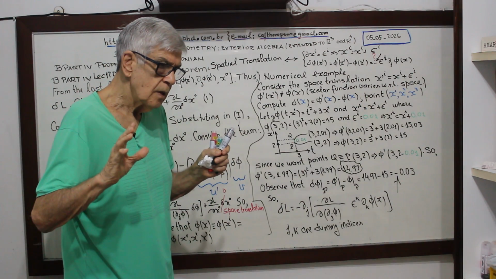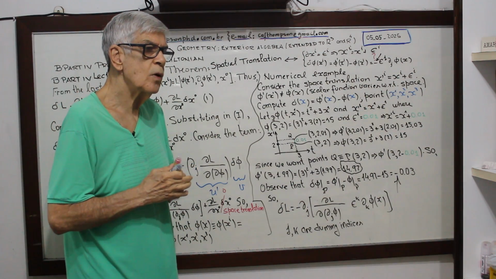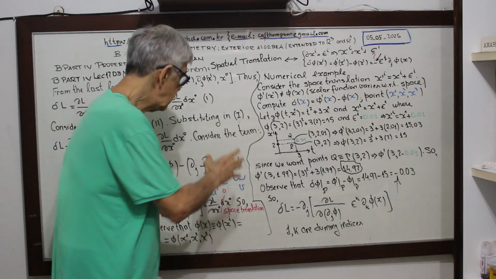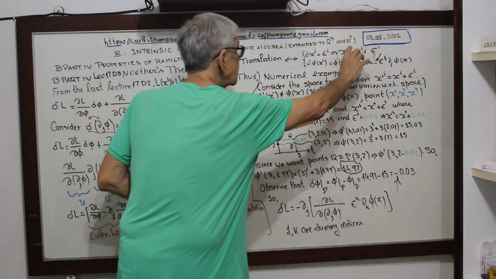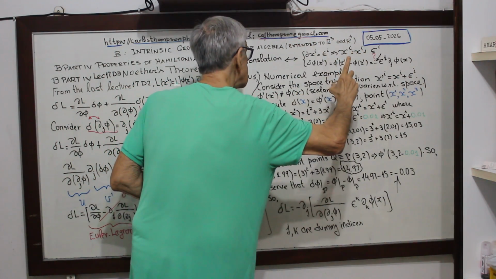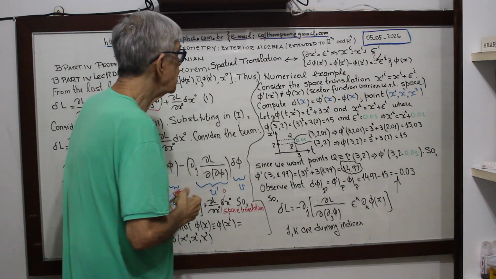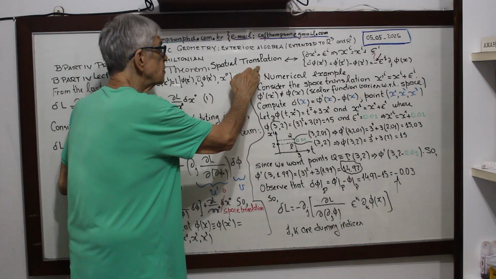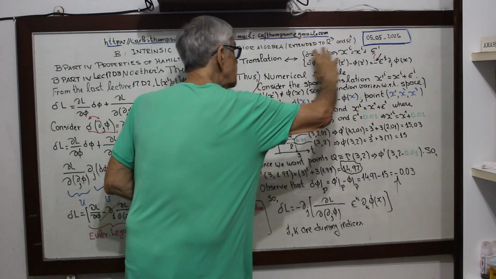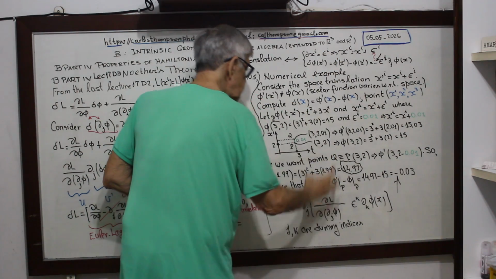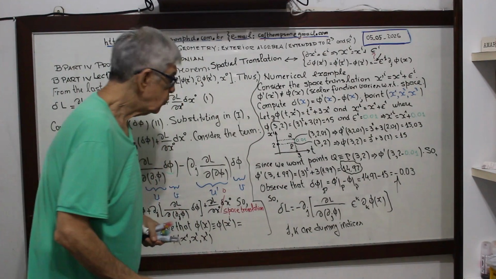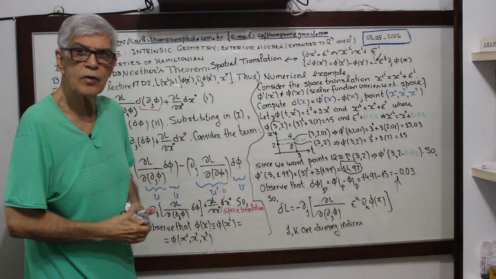And also, I want to emphasize that this case over here is a particular case to obtain the Noether theorem. It's the spatial translation. You see, I'm using this relation here just to lead to the Noether theorem.